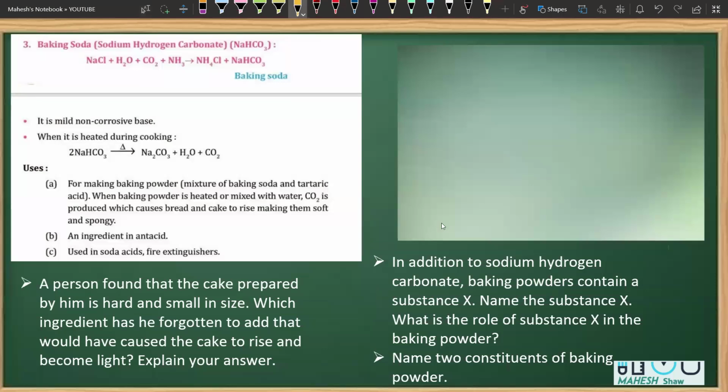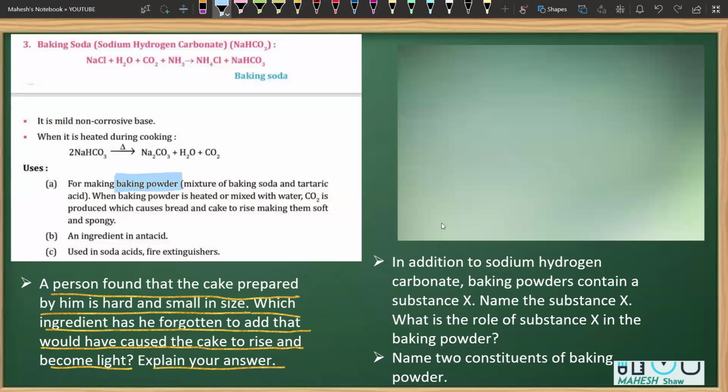Now, I've taken the first 3 questions. The first question says: a person found that the cake prepared by him is hard and small in size. Which ingredient has he forgotten, which would have caused the cake to rise and become light? Explain your answer. Now, we know that it is the baking powder which makes the cake fluffy.